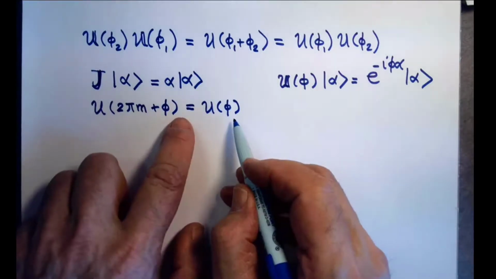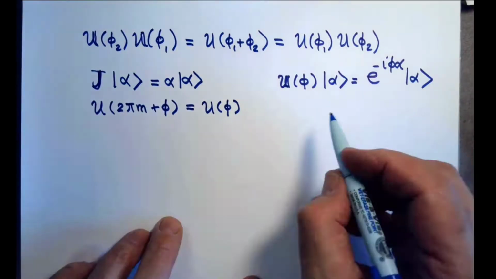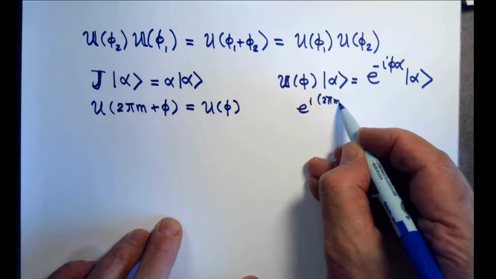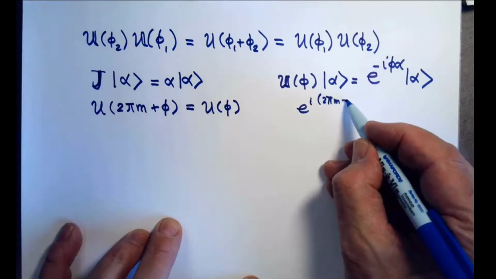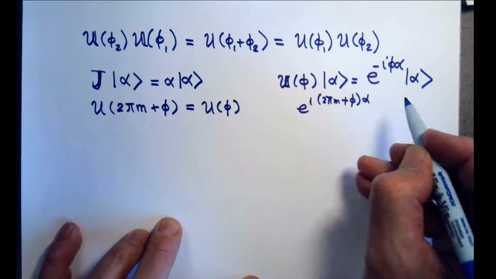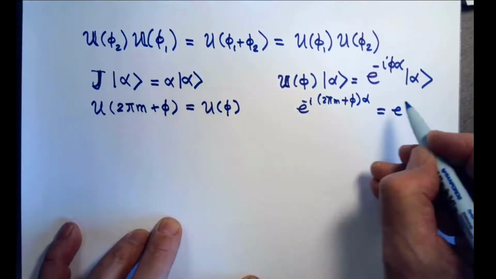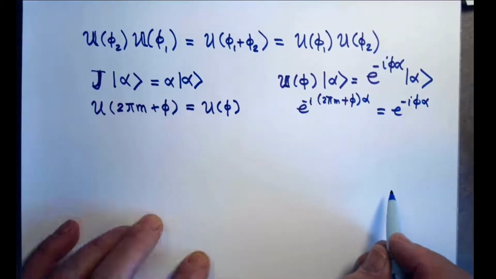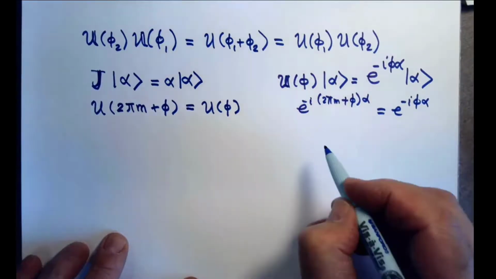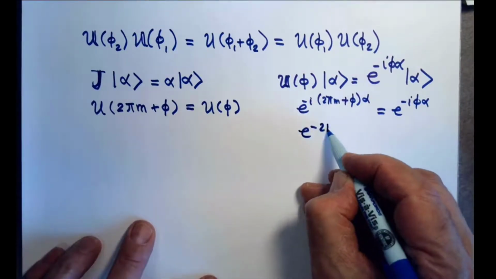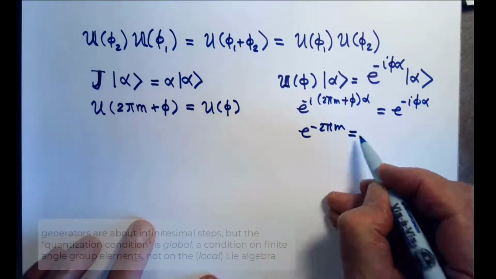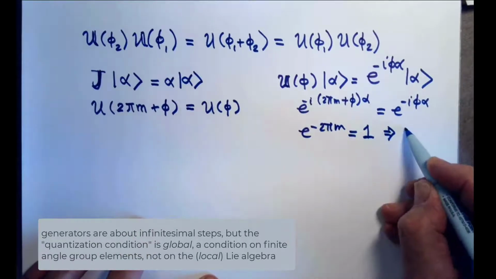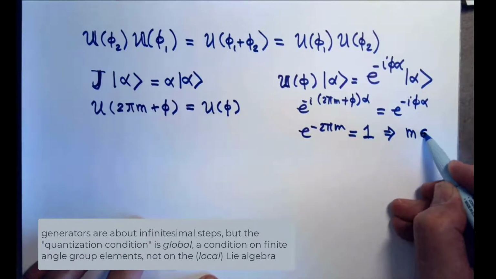So it must satisfy that, which means on this side that e to the i 2 pi m plus phi alpha should equal e to the minus i phi alpha. Phi now cancels out. We have e to the 2 pi m equals 1, which implies that m is any integer.